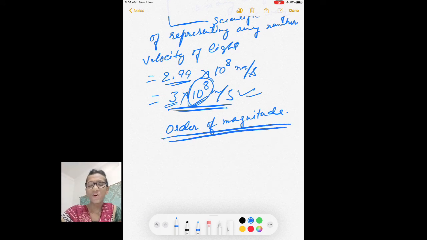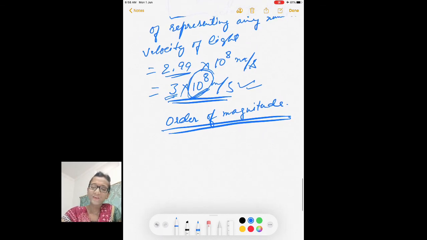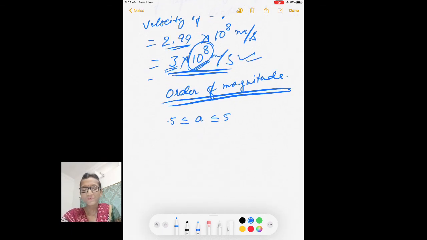We remember this order, because remembering these numbers is not very necessary, since before this large number, this 2 or this 3 is very insignificant. For order of magnitude, this A must be kept in between 0.5 and 5. Then you can find the order of magnitude.